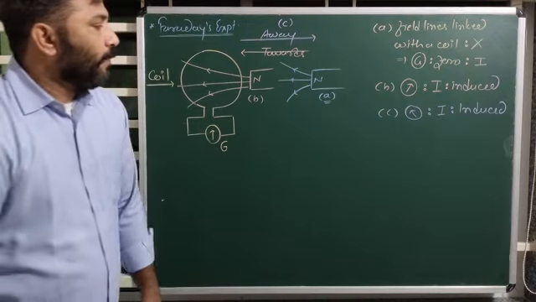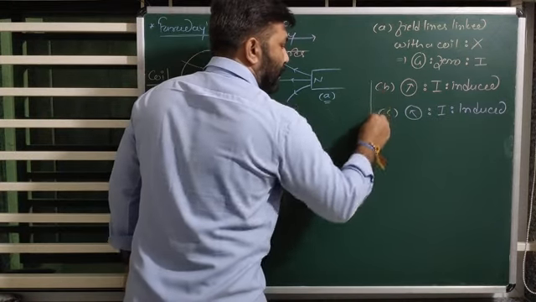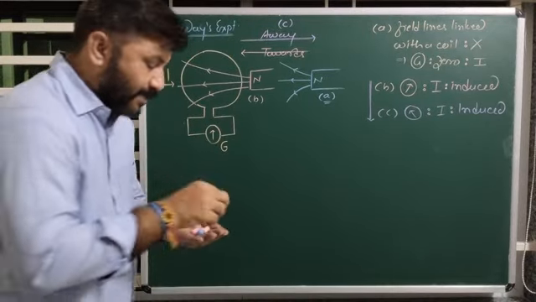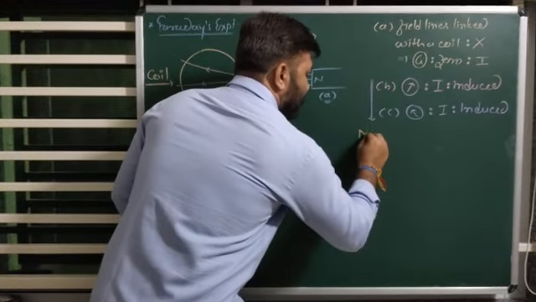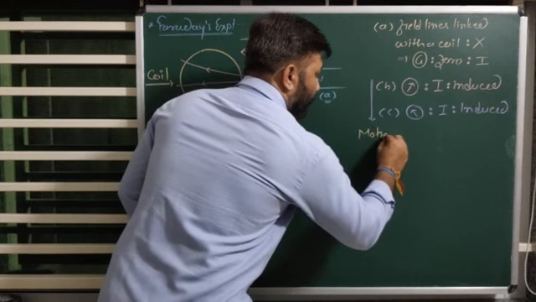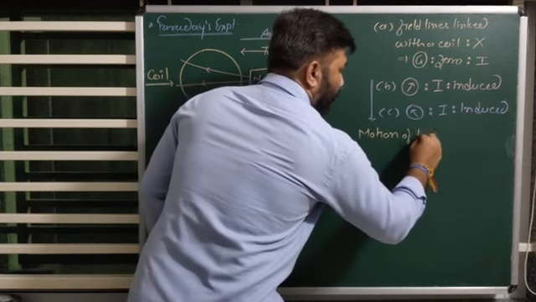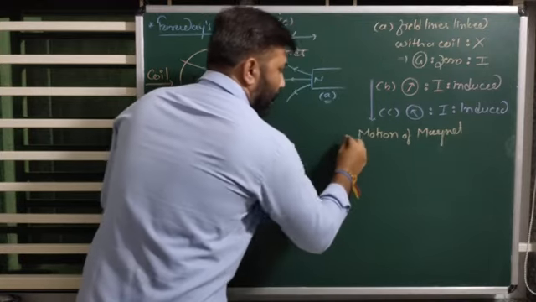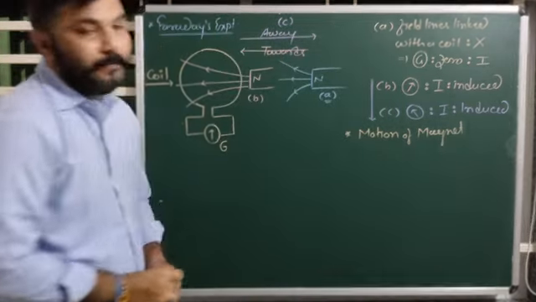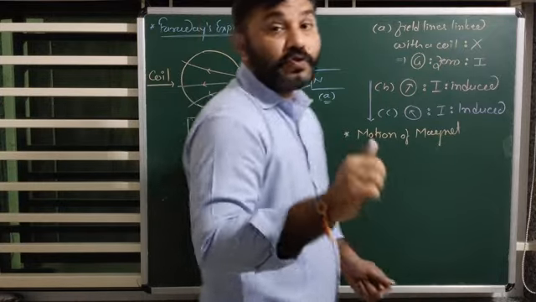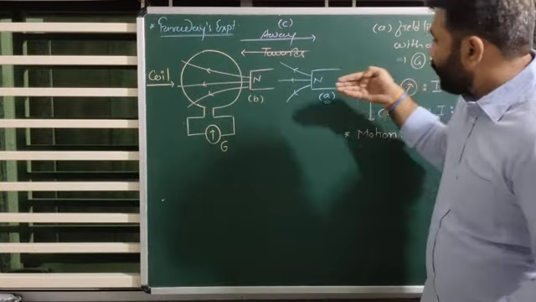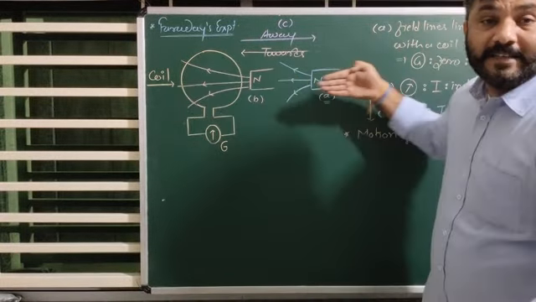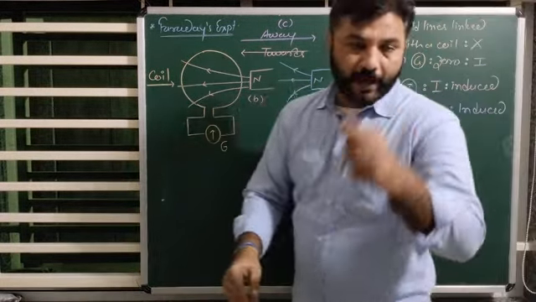So, these two cases, that means B and C. In B and C cases, there is a motion of a magnet. And because of this motion, as I have shown earlier, the magnetic field lines linked with a coil change continuously.